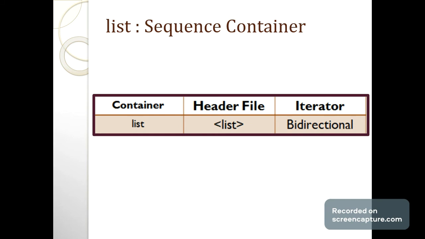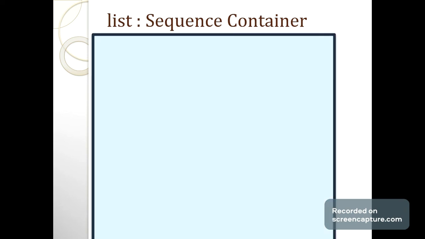To include it, you have to use the header file list. Remember, push_back and push_front are there in list also, but along with that you can use an insert function with list, that is, you can insert in between.